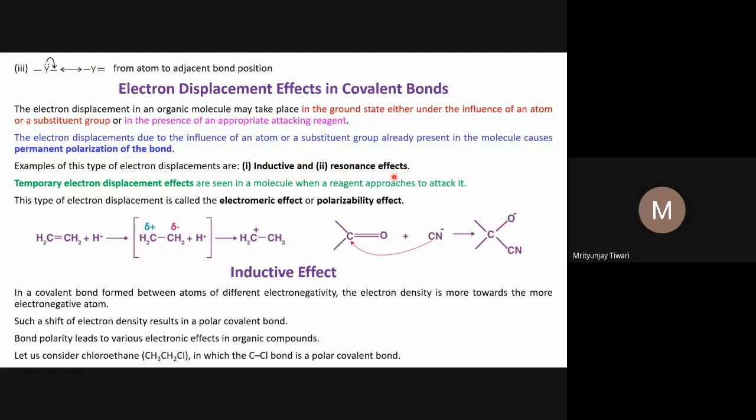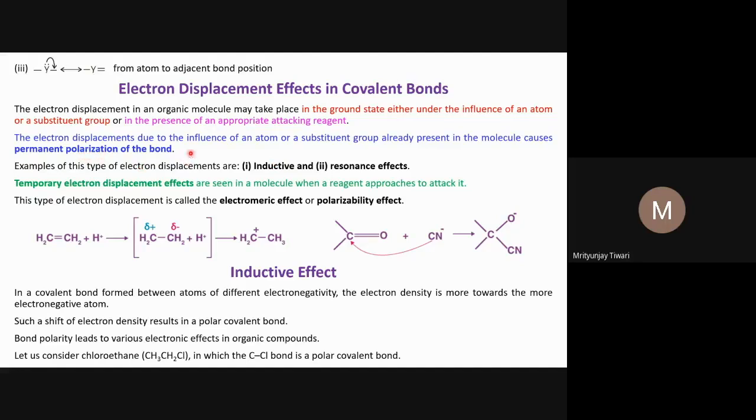Inductive effect and the resonance effects are created because of the electron displacement, that is the permanent effect that is already there in the real molecule, and this is because of the substituents or the atoms that are already present in the molecule. So I'll read it again.